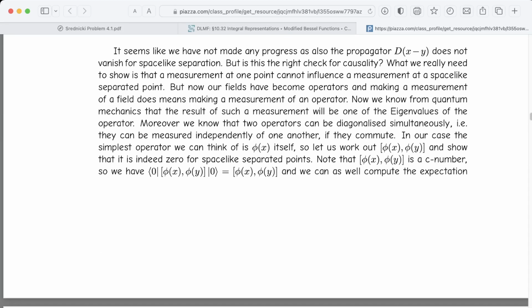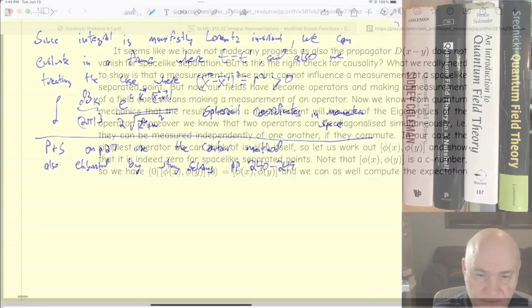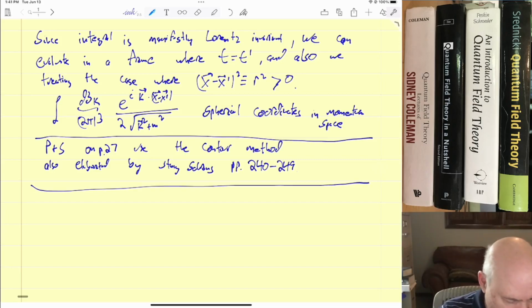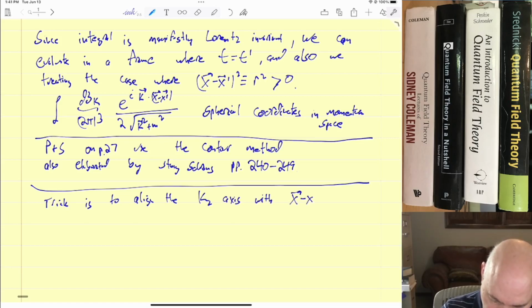And let me just get back to doing it in spherical coordinates. In spherical coordinates, the trick is to align the kz axis with x minus x prime.